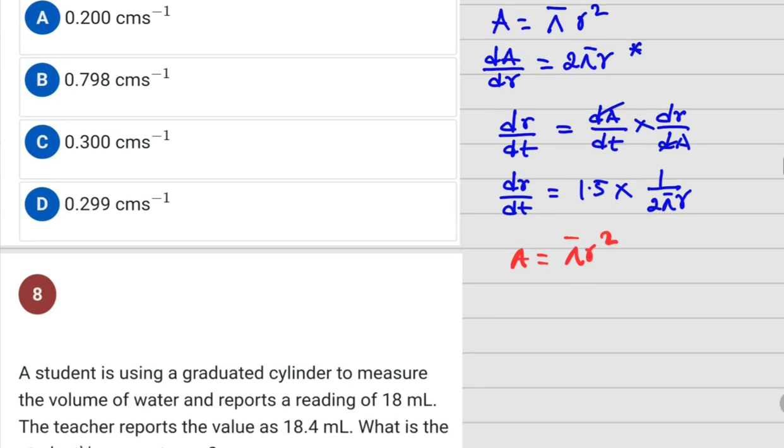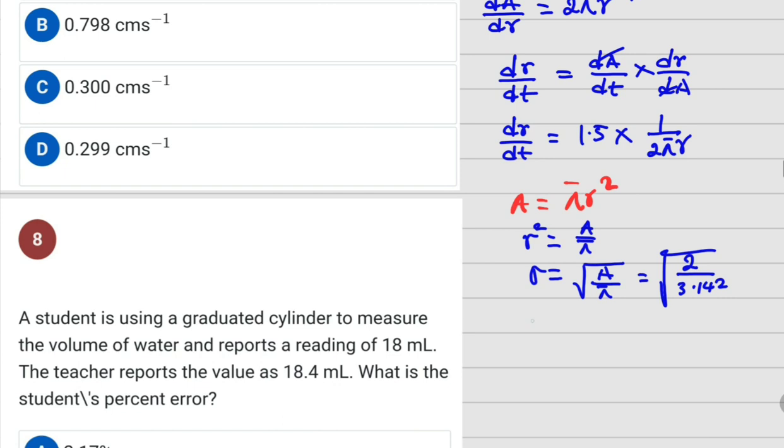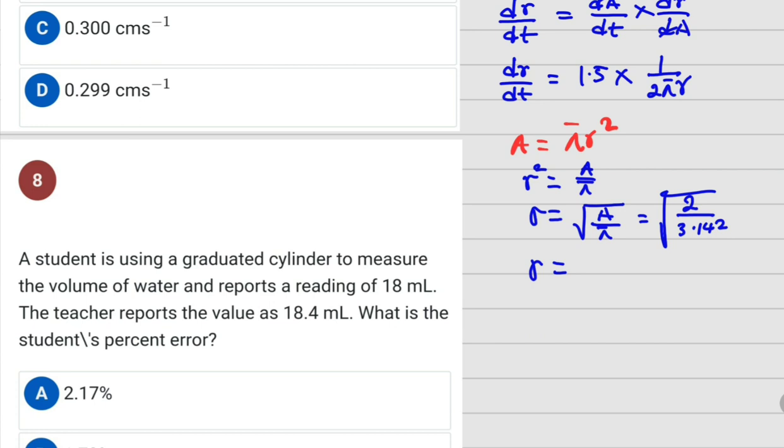So in this case, we can now conclude that r squared is going to be A over pi, which r now will be the square root of A over pi. And the A is 2 over pi, which is 3.142. Now the square root. Using your calculator, you are going to have this as 0.7978.